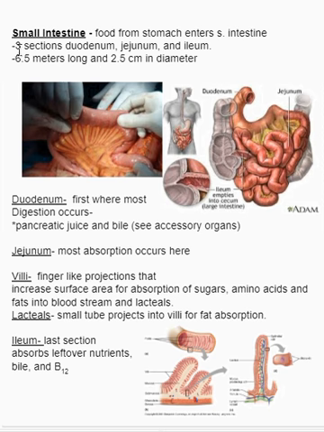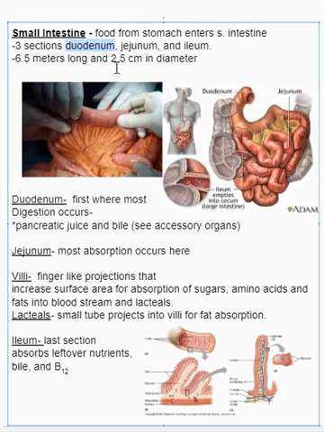It's divided into three sections known as the duodenum, the jejunum, and the ileum. They occur in that order, and each one of them has some unique characteristics.